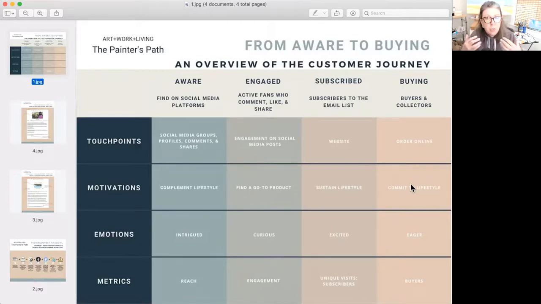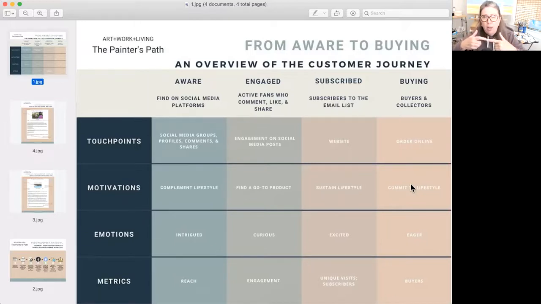When you interact with them on profiles, whether they're your business profiles or your personal profiles, when you interact with them in comments and shares on other people's profiles and pages, that's where your existence intersects with theirs.